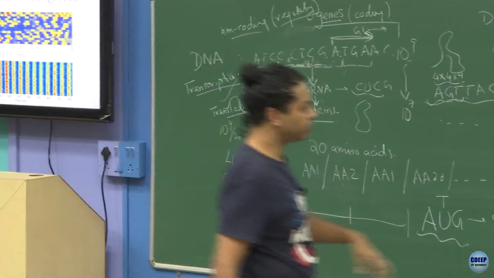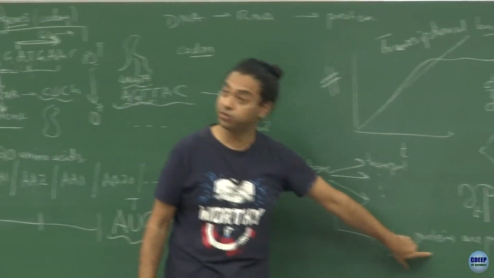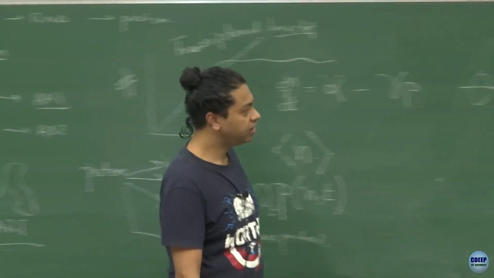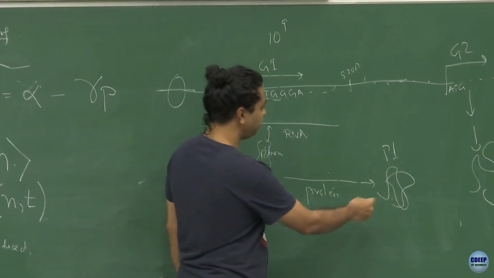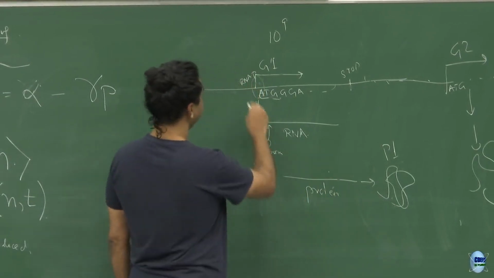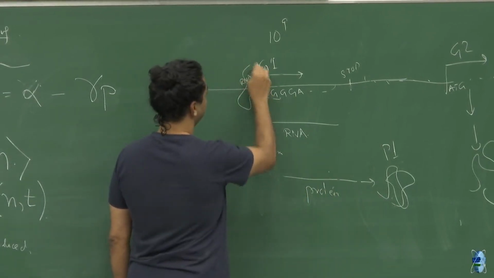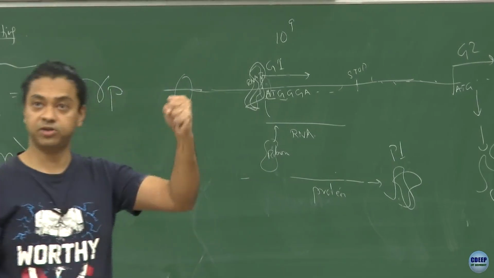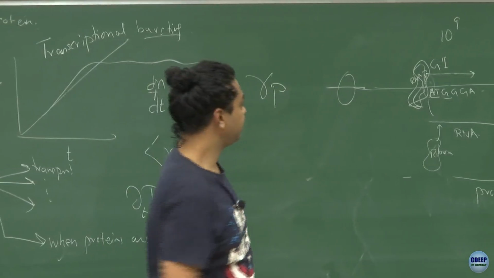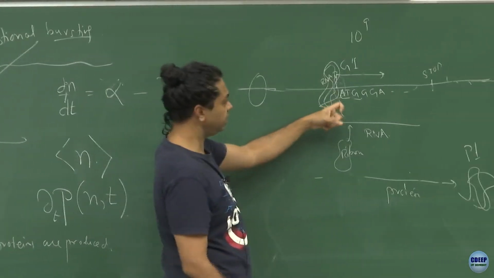What was I saying? Proteins themselves can regulate when proteins are produced. How do you do that? Let us say this protein P1 has been produced. Now this protein P1 can come back and bind to this DNA. A protein is some globular object, and it has some interactions with DNA in principle.